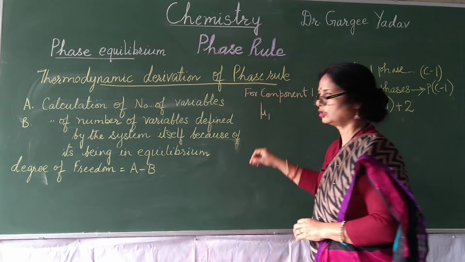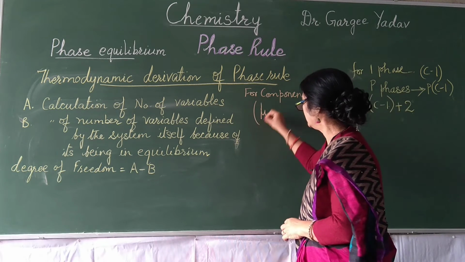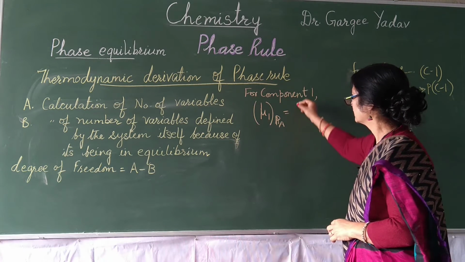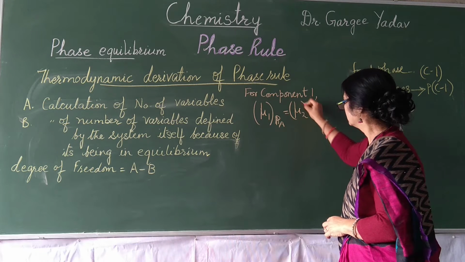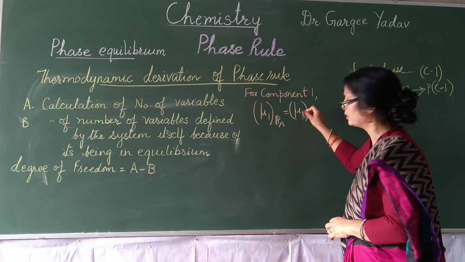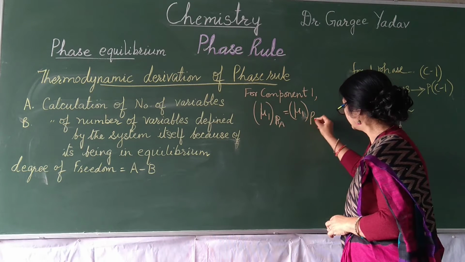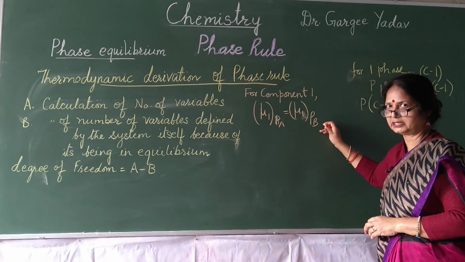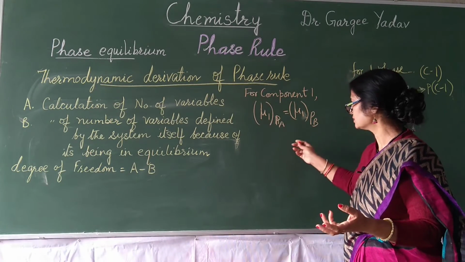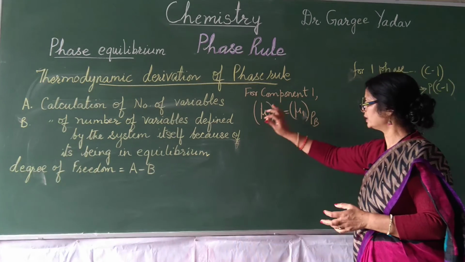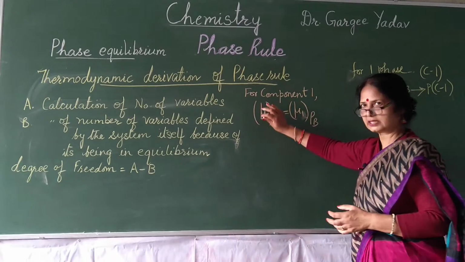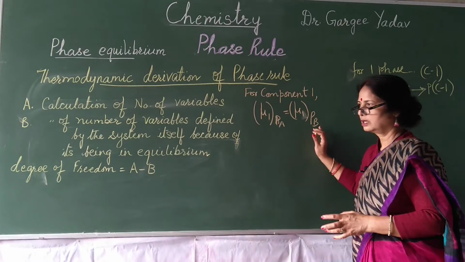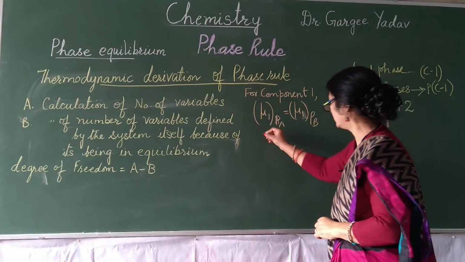Then the chemical potential of component number 1 in phase A will be equal to the chemical potential of component number 1 in phase B. I have shown this as phase A and phase B for easy understanding. Now suppose there are three phases present, what will happen?